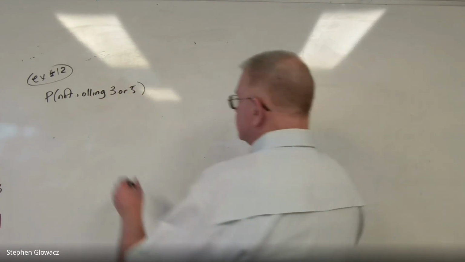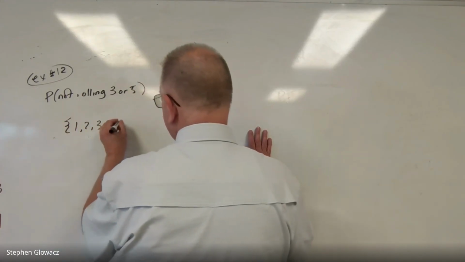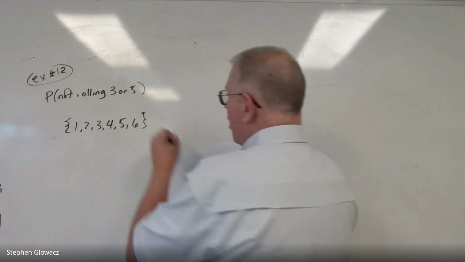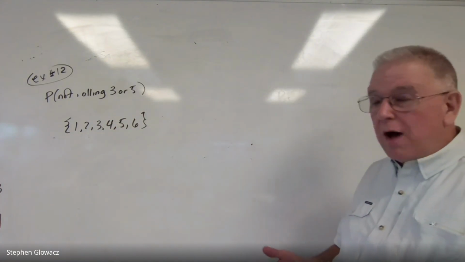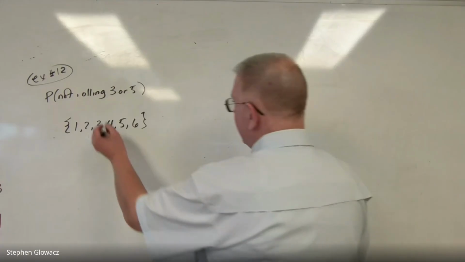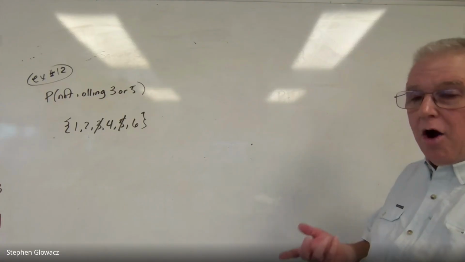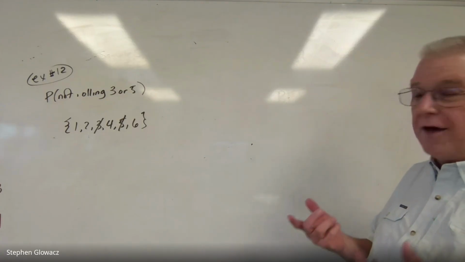So what numbers are in a 6-sided number cube? Well, 1, 2, 3, 4, 5, and 6. All right, so we're going to use the complement. So all the numbers that are not 3 or 5, so we're going to cross out 3 and 5, and all the numbers that remain are the complement, are not 3 or 5.